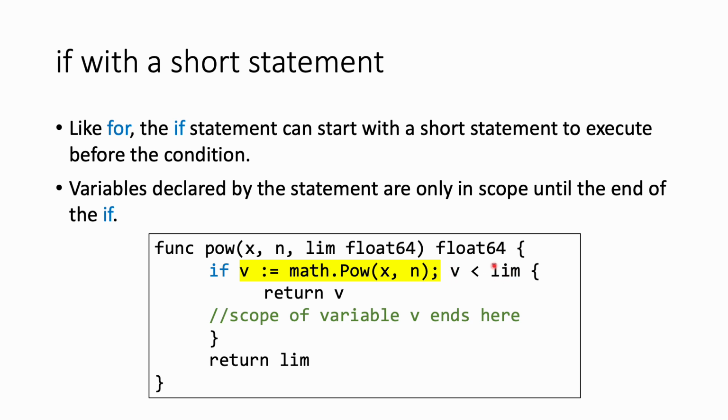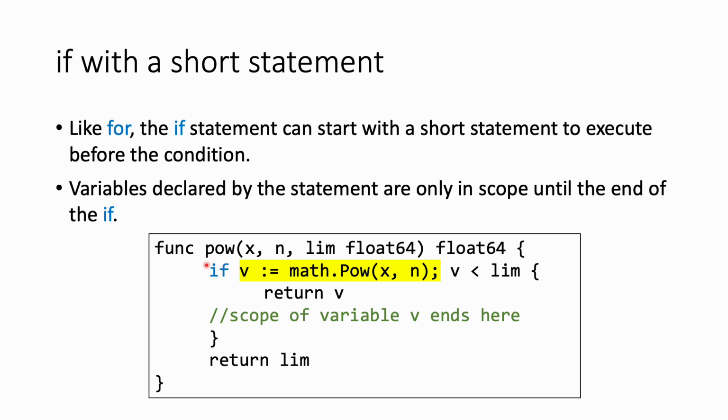But before this condition, we also have a short statement that declares and assigns variable v to be the power of x to the n. So here we use math.Pow to calculate the power of x to the n. Pow is a function inside the math package.